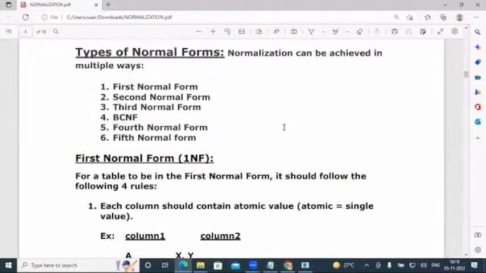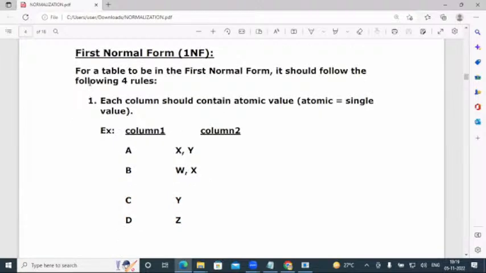Now come to the types of normal forms: first, second, third, BCNF, fourth, and fifth. Let me start with the first normal form technique. What does it tell us, and what do I want to check? Carefully observe. For a table to be in the first normal form, it should follow the following four rules.